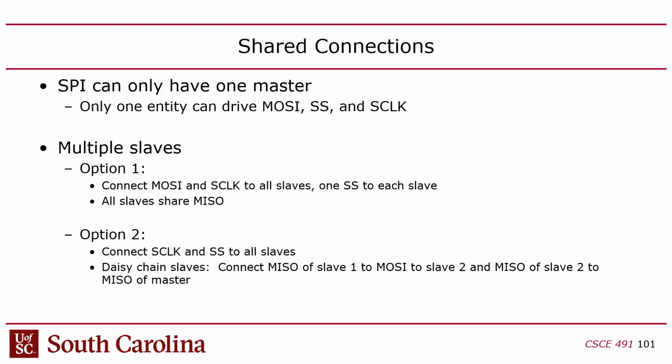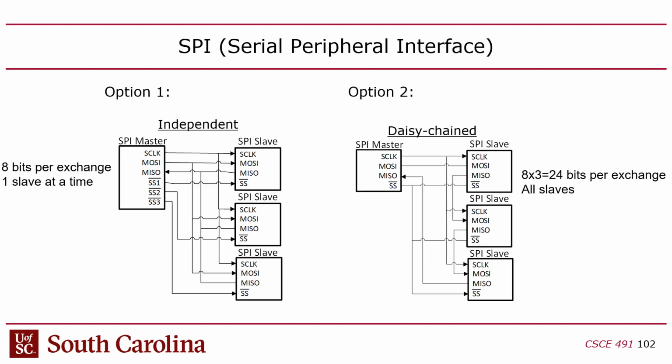It is possible to have more than 1 slave, and there's a couple different ways to do that, and this is kind of neat. One way to do it is you can have multiple slave selects and associate each one of those with a separate slave.